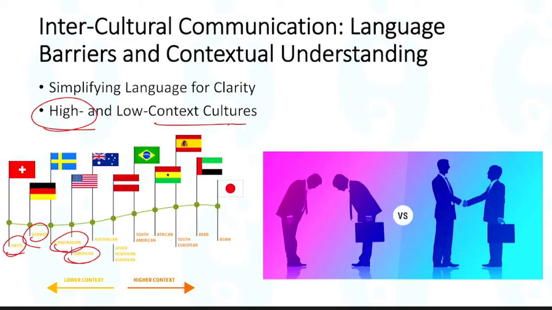Okay, so we have to simplify our language for clarity, right? Language barrier is a major one we will face when we're speaking about intercultural communication. So to overcome it, we have to understand the language barriers we face. Here we have to understand these two kinds of cultural differences, and also we have to avoid using idioms. The Indian English is different from American or European English.